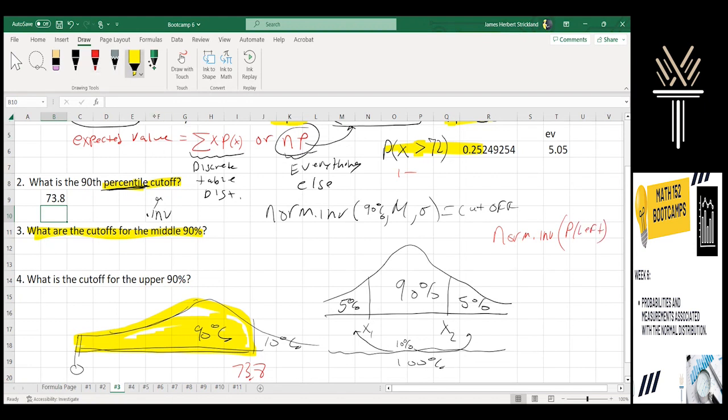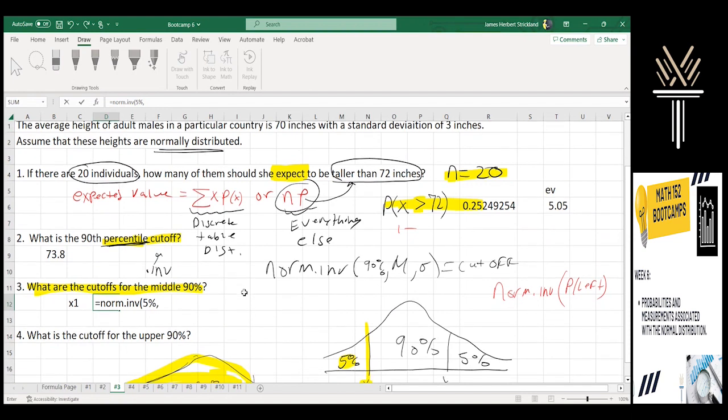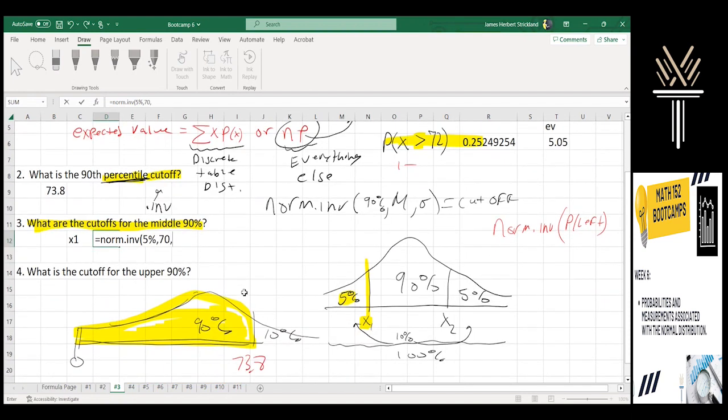Well, for X1, what is the left of X1? 5%. So I need to know what that number was in order to do it. So X1 there will be norm.inverse of that 5%, given the mean and deviation of 70 and 3, close it, and there's that lower measurement. Now, if I go to do X2, what's to the left of X2?